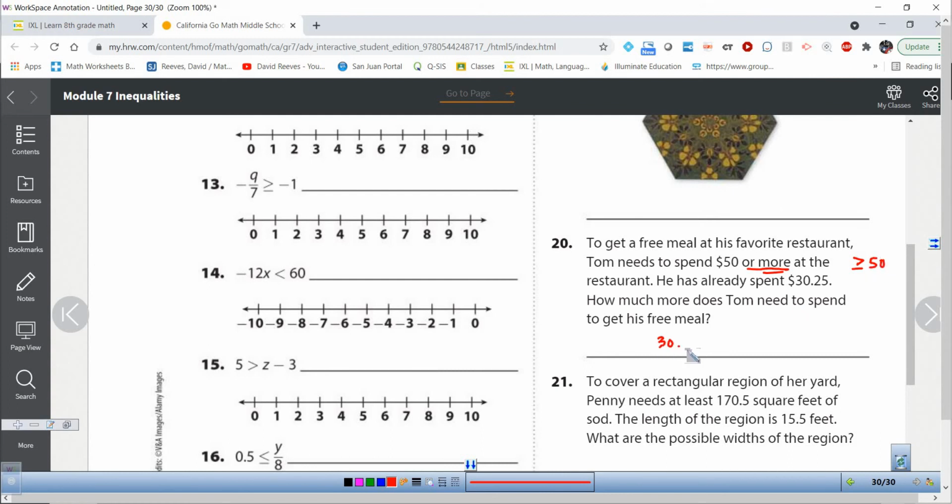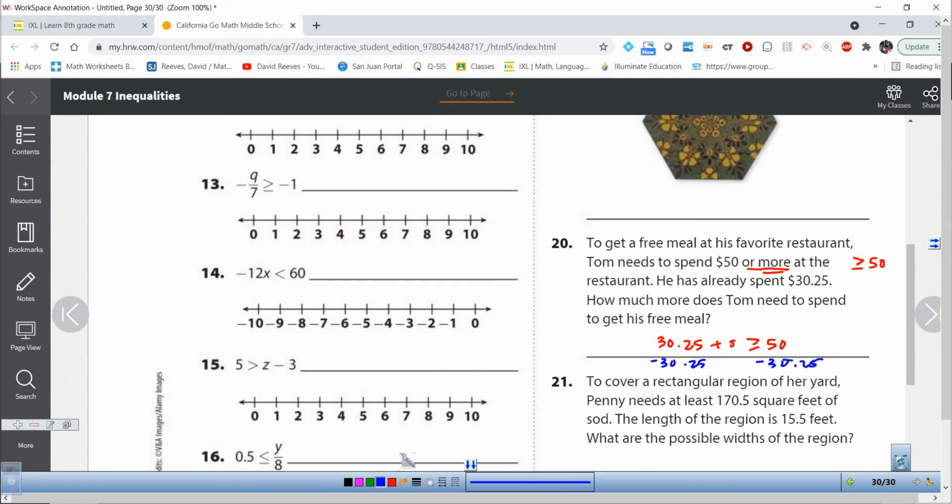So $30.25 is what he has already spent. Plus, I'm going to say S for spend, must be greater than or equal to 50. So we want to know what that value is. What are we going to do? We're going to subtract away what he has already spent. The inverse of adding is subtracting.